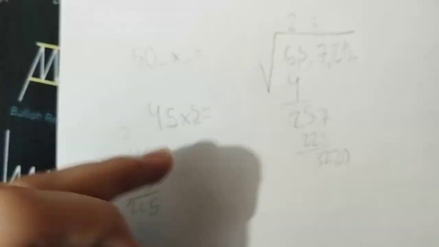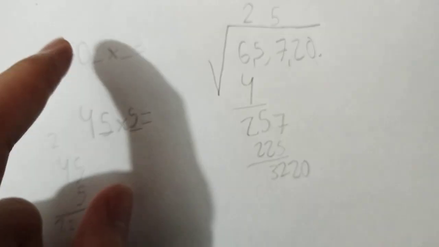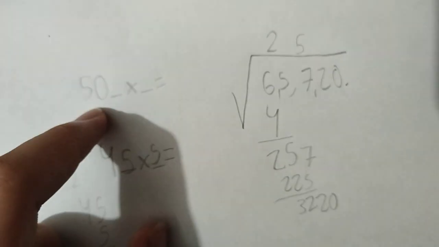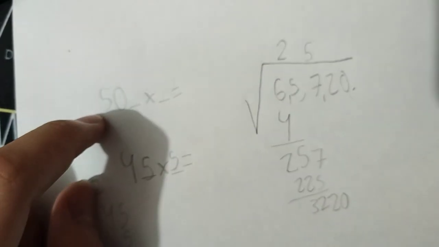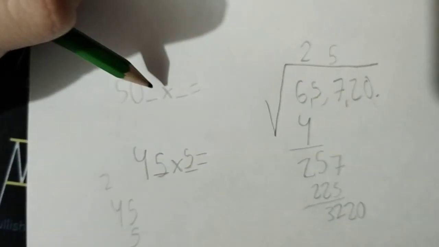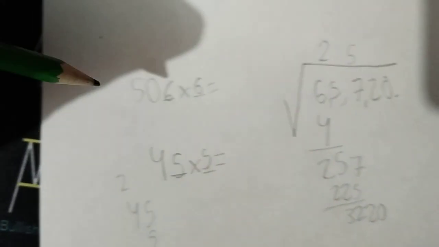Again, the largest number possible for this. Now, let's do a little bit of estimation, like I did for the previous one. So 500, 6, 12, 10, 15, 20. Let's try 6. 506 times 6.